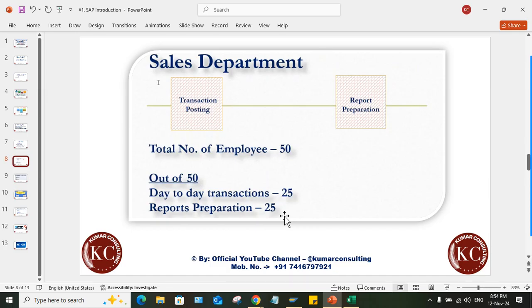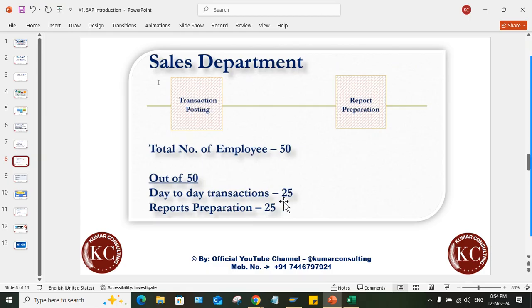Now take the example of ERP. Let's suppose Tata Motors is going to use the software, ERP. In that case, what will happen, guys? Earlier, without ERP, the total number of employees needed was 50. But once they started using ERP, the same sales department, which was managed by 50 people, can now be handled by only 25 people.